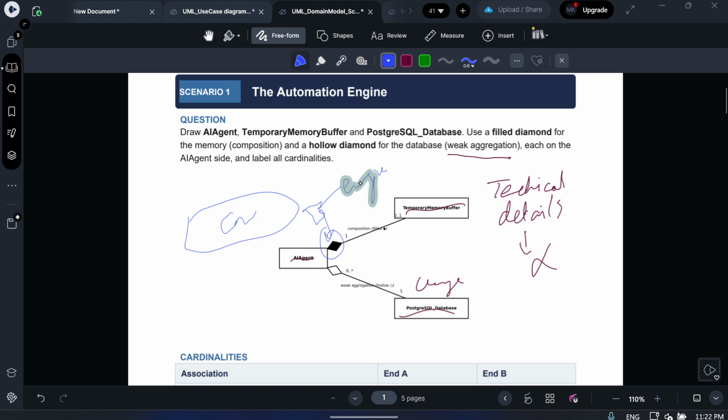Because if you remove the engine, what can you do with a car? And for example, car doors: if you remove the doors of the car, then the car can still exist independently. The car doesn't vanish away, it still exists.